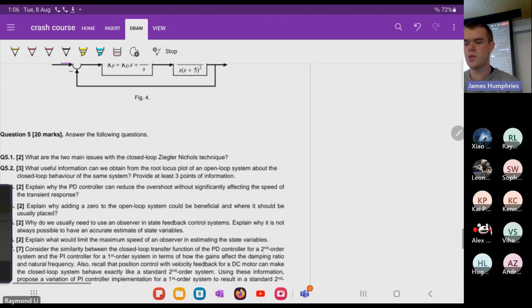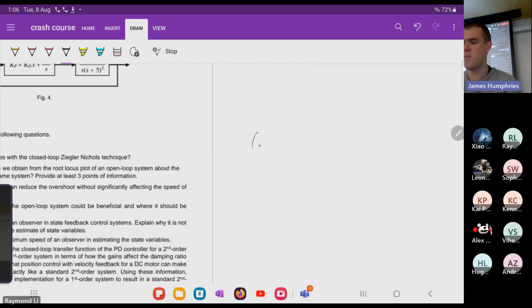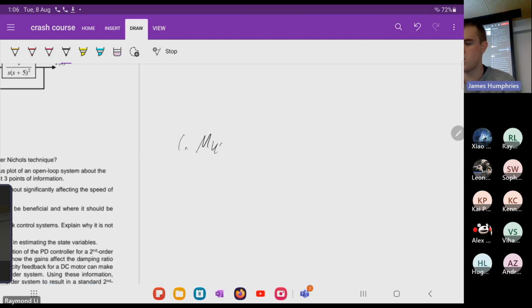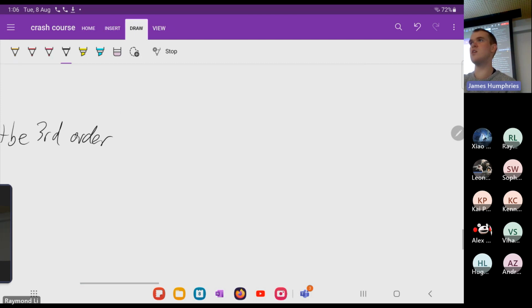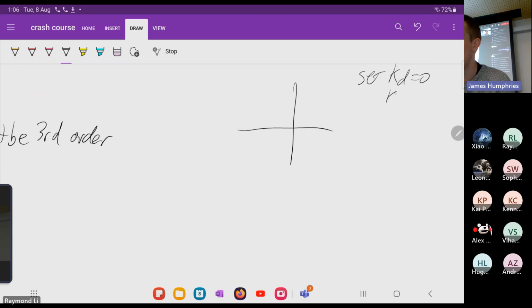The main thing it did was, I'll give you one of the reasons: it must be third order. Must be third order. Because remembering that is tricky, right? But the thing is, the Ziegler-Nichols technique is a way of designing a PID controller for a system, okay? And what it will do is we will set KD equal to 0, KI equal to 0, and now change the KP value, okay?